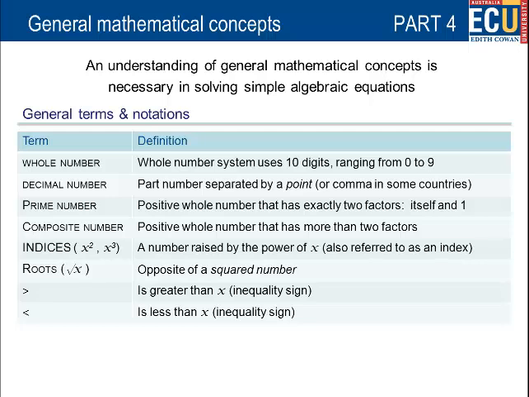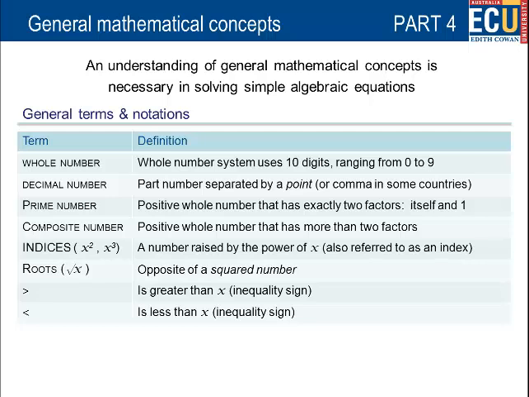We also have indices, and these are numbers that have been raised to the power of something. For example, if a number is raised to the power of 2, then the number is being squared. If the number is raised to the power of 3, then the number is being cubed.